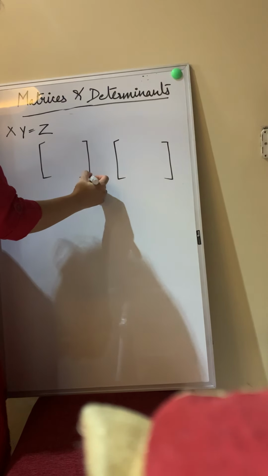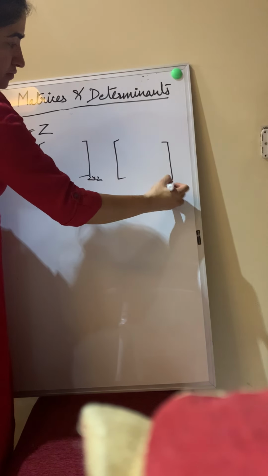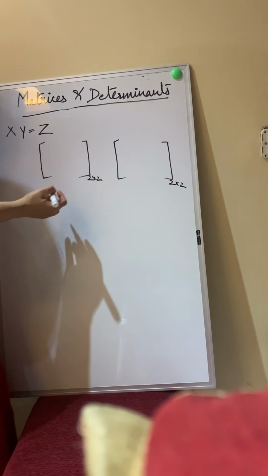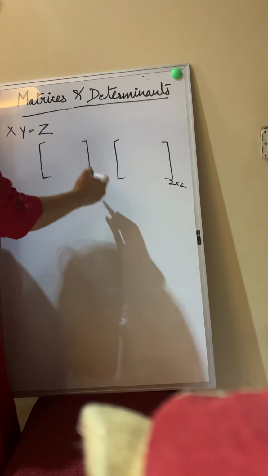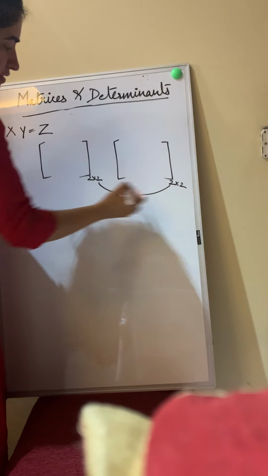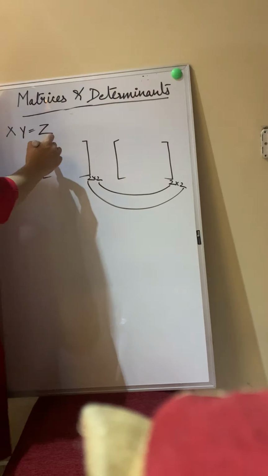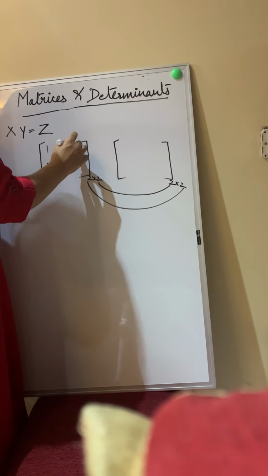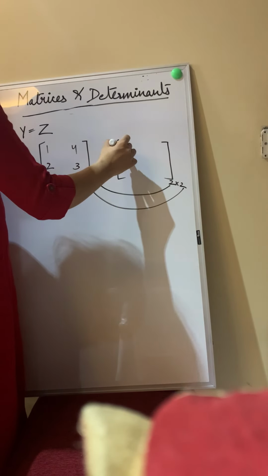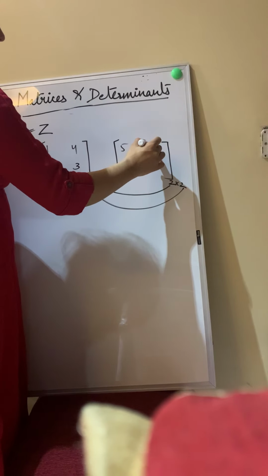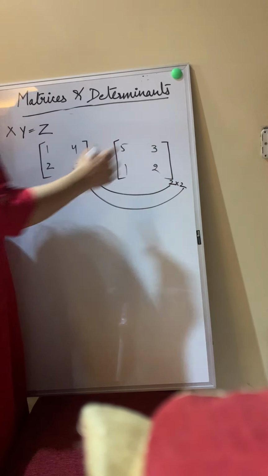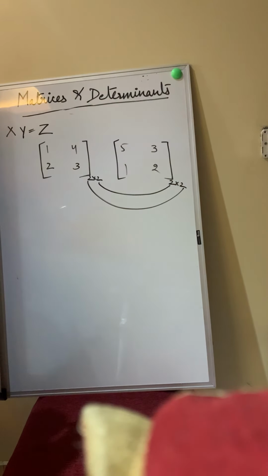Two by two. Fine. Because this is the same, the result is going to be 2 by 2. 1, 2, 4, 3, 5, 1, 3, 2. So now they are of the same order.